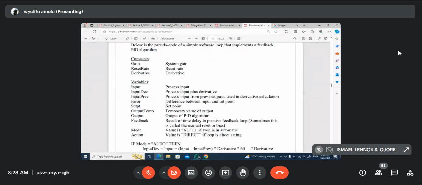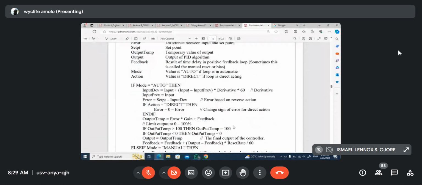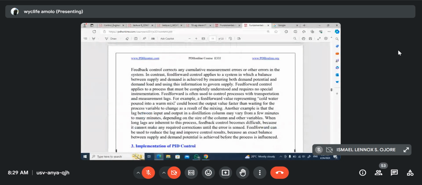Variables are input, which is process input; input prev, the process input from the past, used in the derivative calculation; error, the difference between input and set point; set point; output temp, the value of the output; and temporary output, which is just the output of the PID algorithm. So you can develop this kind of pseudocode, run it, and see what it can give you.